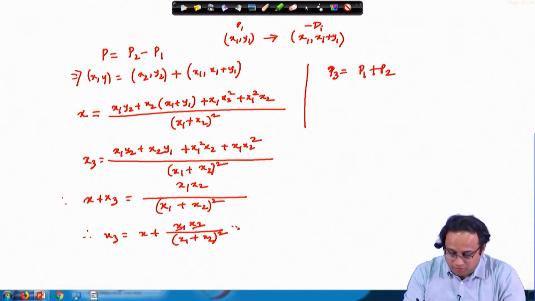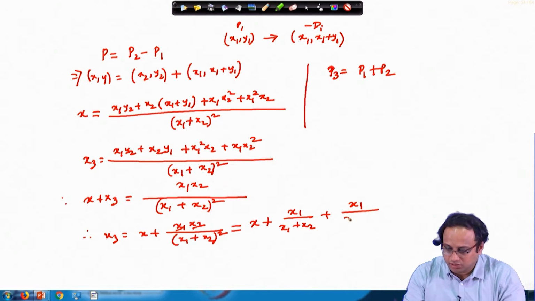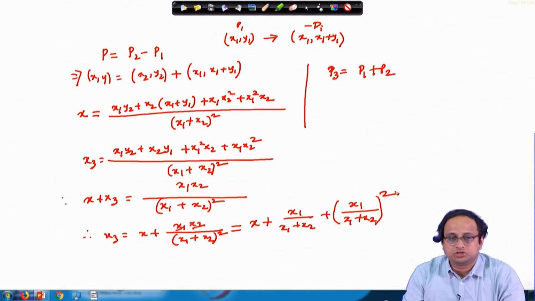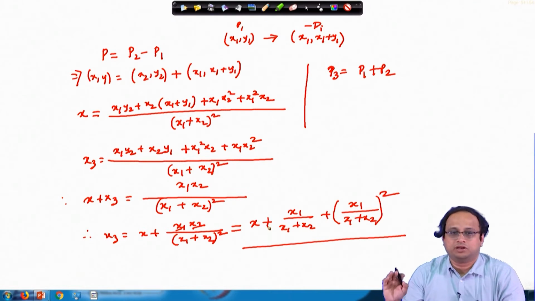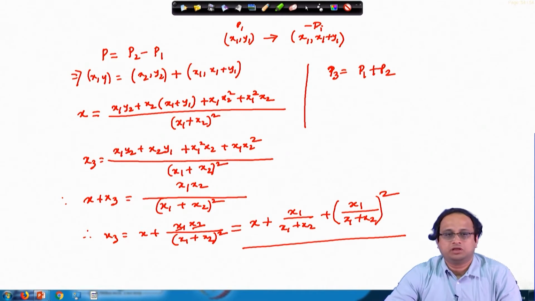One way of optimizing it further would be to write this as x plus x1 by x1 plus x2 plus x1 divided by x1 plus x2 whole square. Then you are doing one inversion and one multiplication with x1, but essentially it is the same computation. This is the final form that we will take, and again we have completely eliminated the y coordinate and are operating only on the x coordinates.